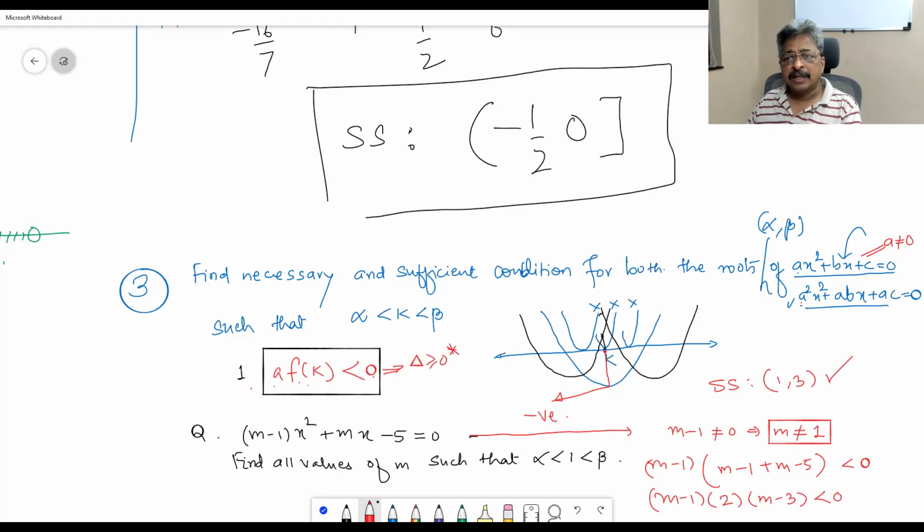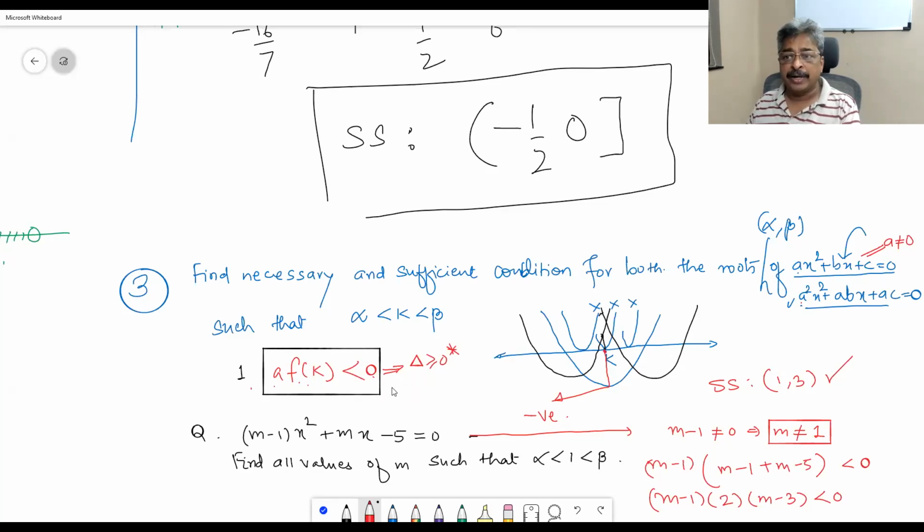Samajhte ka? This is a simpler problem compared to earlier. Earlier we had to consider 3 solution sets and take the intersection of them to report the final solution set. Here all the 3 conditions are not there and only one condition is a powerful condition. It takes care of the remaining 2 conditions, delta also and vertex also.